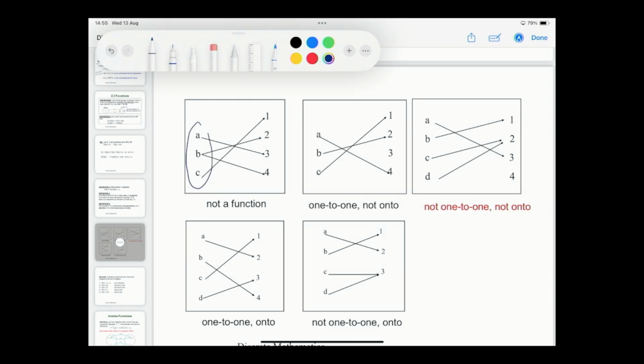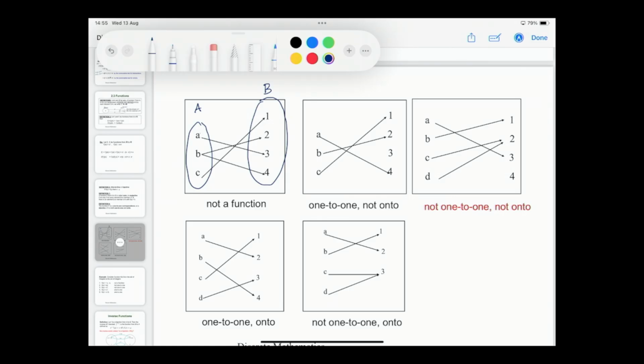So this is set A, and this is set B. Why is this not a function?